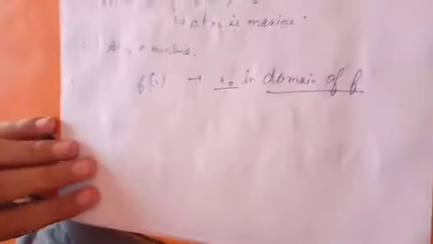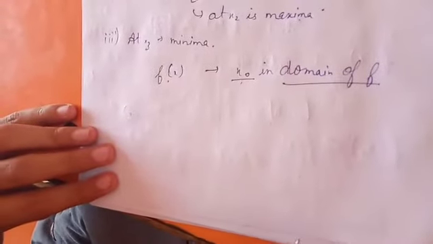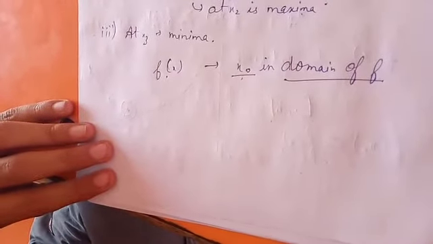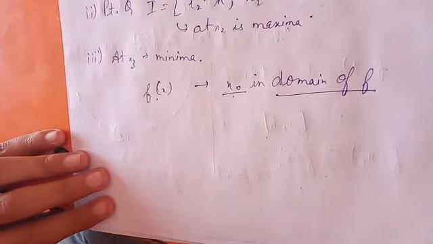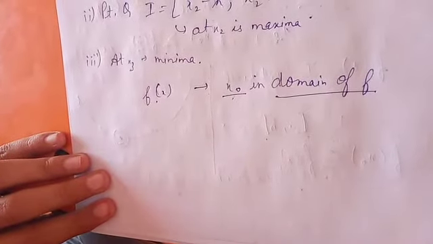Then we say that x naught is a local maximum of f if there is an open interval containing x naught such that f of x naught is greater than f of x.